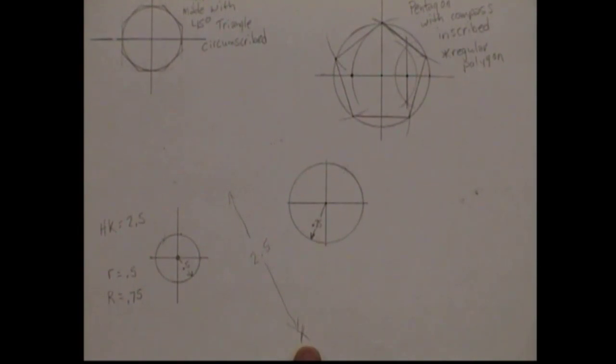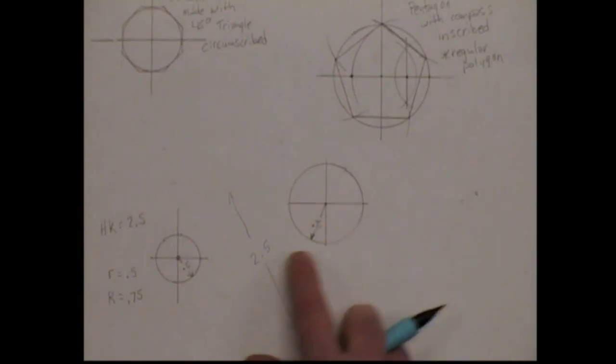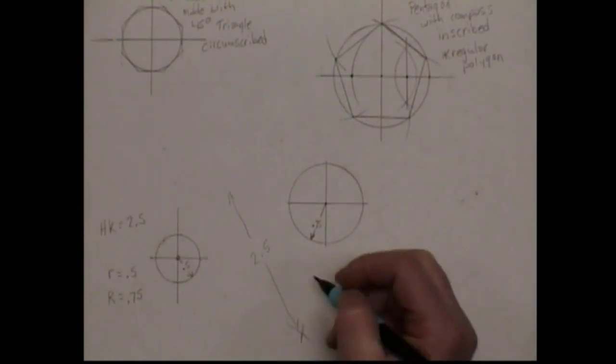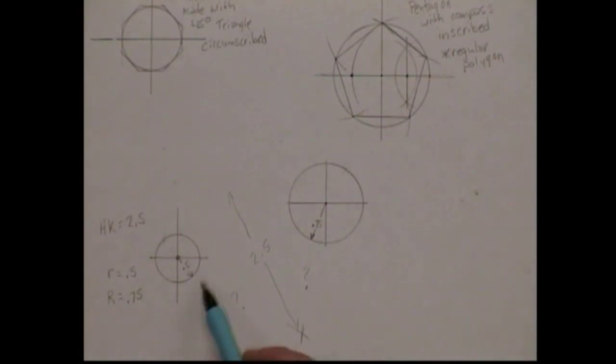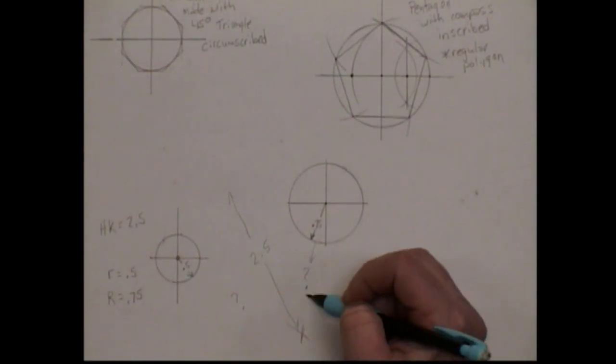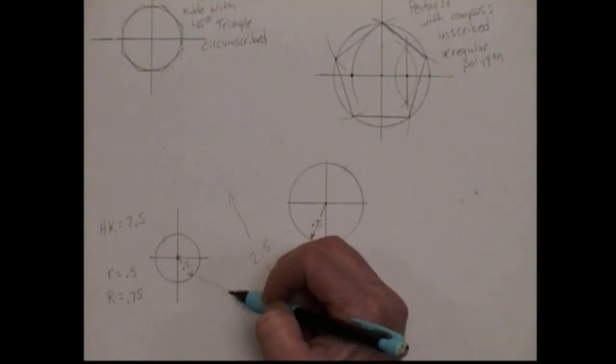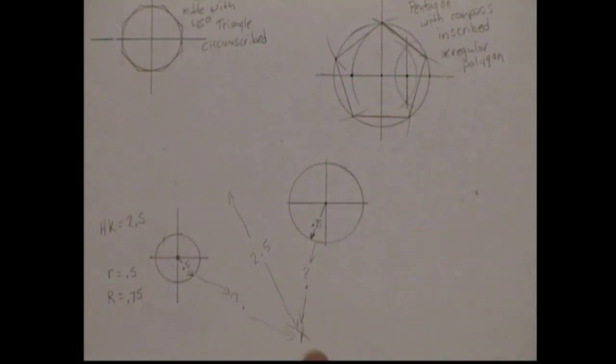So things that we know: the center point here, we know the center point here. So when we create this, we need to find out what the distance is between here and here, right? Because if we find that distance, we can find where the center point is. So how are we going to find that? What do you guys think?